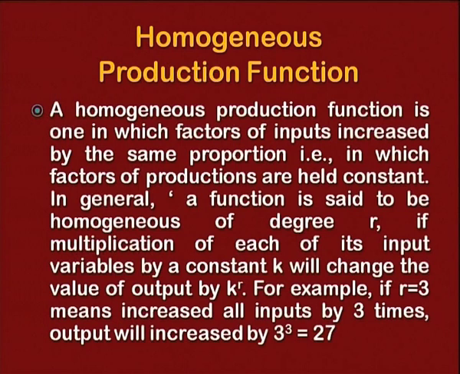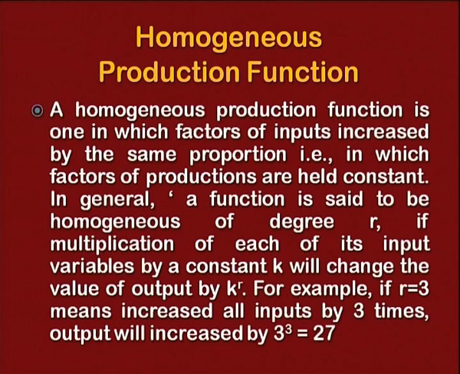Homogeneous production function. Now we have discussed the linear and these two functions. Then what do we mean by the homogeneous production function? A homogeneous production function is one in which factor inputs increase by the same proportions.